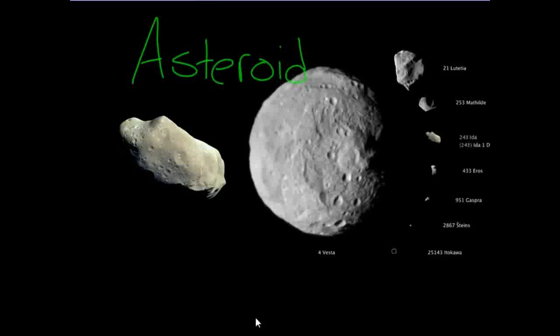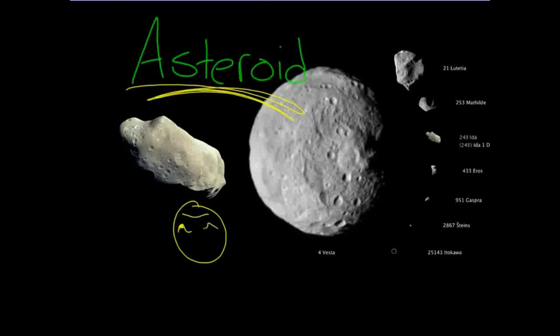They can be all different sizes, all different shapes, and they're really only going to be classified as an asteroid if we're talking about objects that are inside the orbit of Jupiter. So here's Jupiter, the great red spot, and anything past Jupiter going out in our solar system is going to be classified as something else.